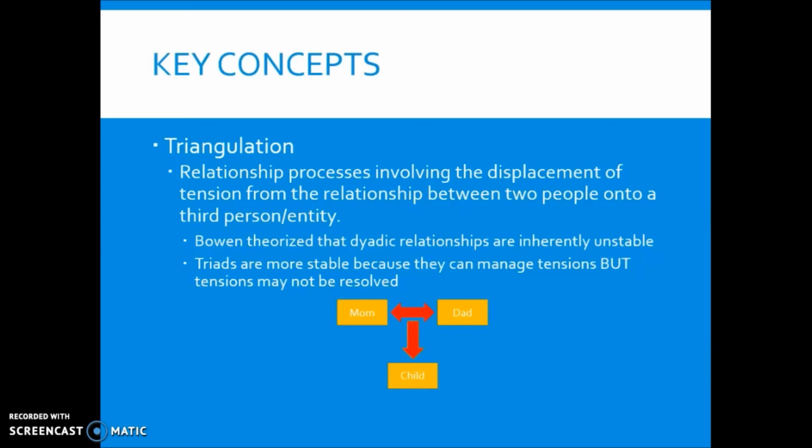Rather than addressing it directly, they may displace their tension onto a child and become overly critical about that child. Or, in contrast, rather than focusing on their relationship, they invest all of their energy into a child or children, and avoid dealing with their relationship with each other, focusing instead on their children.